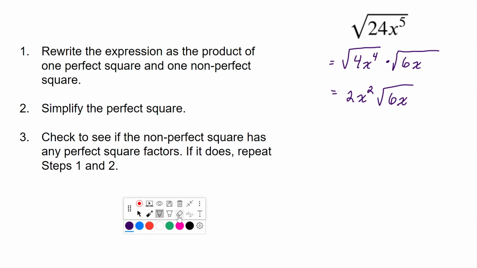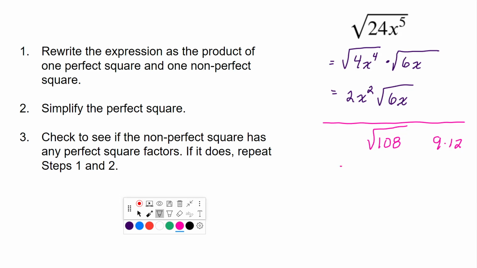Now I did mention that I was going to show you one where we could start off small and then go bigger. Let's try the square root of 108. 9 times 12 gives me 108.